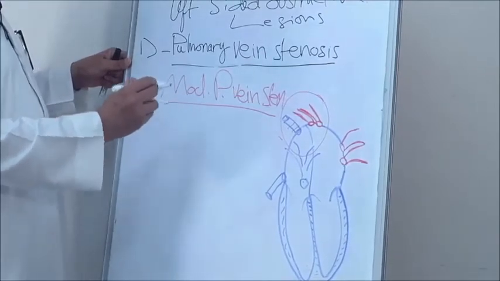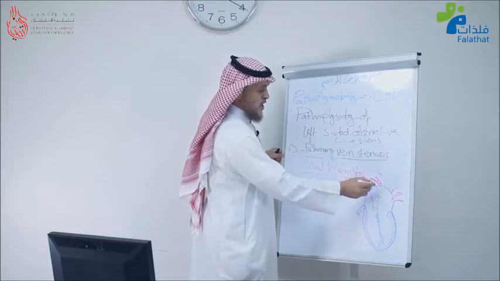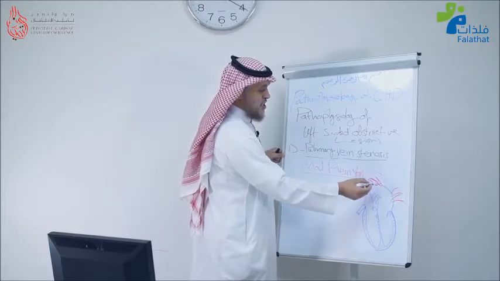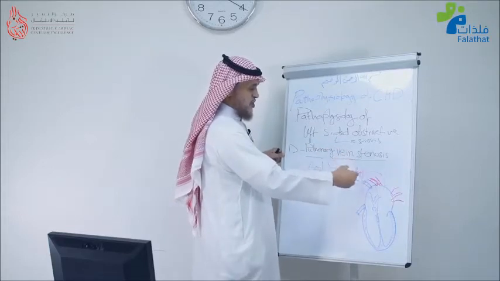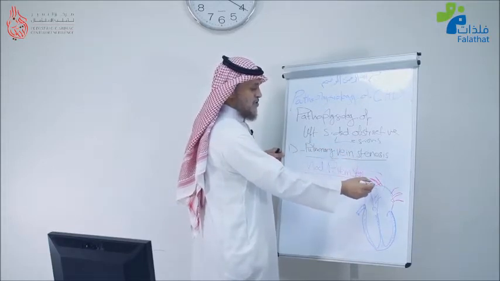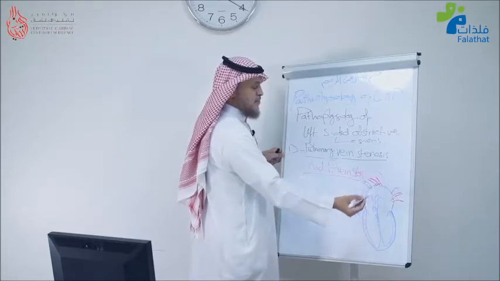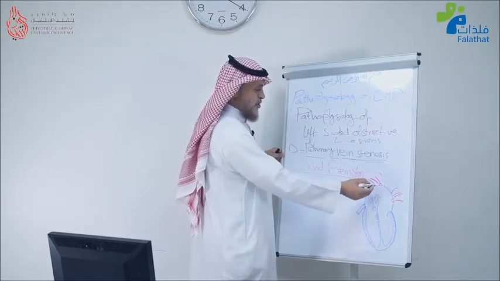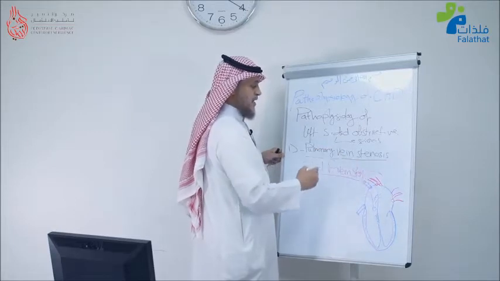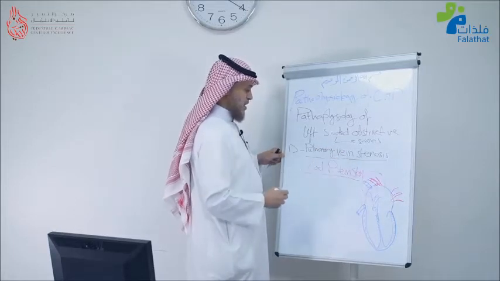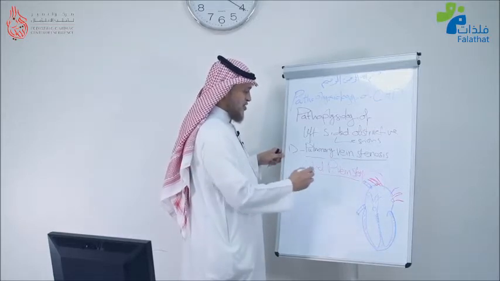If the mean gradient, the pressure difference between the area after the obstruction and the area above the obstruction, that means the veins within the lung, and where the stenosis ends, let's say it ends at the left atrial entrance or orifice, then it's the difference between the left atrium and the area above, measured by Doppler or measured in the cath lab by direct pressure measurement.